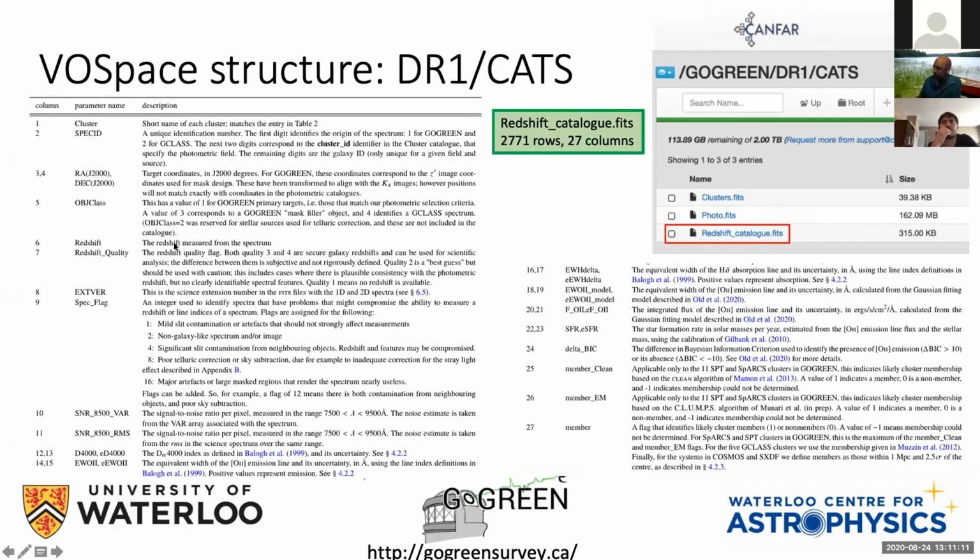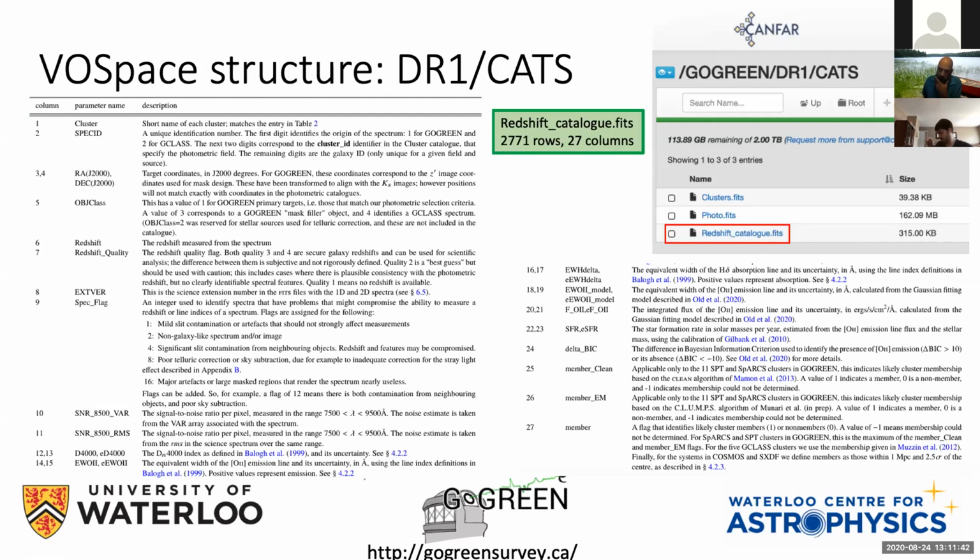The redshift catalog itself has 2771 rows, so one row for every galaxy with a spectrum. The redshift quality flag tells you whether or not it has a reliable redshift. And then we have information related to each spectrum, including line indices, signal to noise measurements, membership criteria, and things like that. I think that's most of the interesting ones.